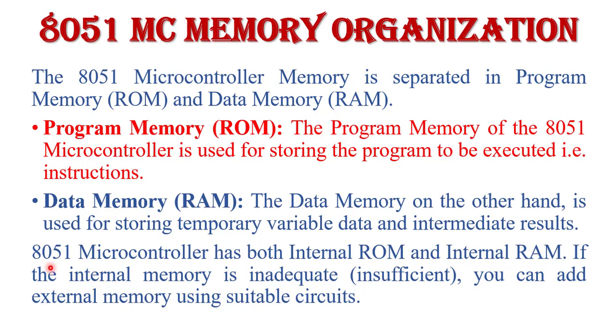The 8051 microcontroller has both internal ROM, that is program memory, and internal RAM embedded on a single chip. If in any case the internal memory is inadequate, it means if the internal program memory or data memory becomes insufficient, we can add external memory to extend the program or data memory using suitable circuitry.